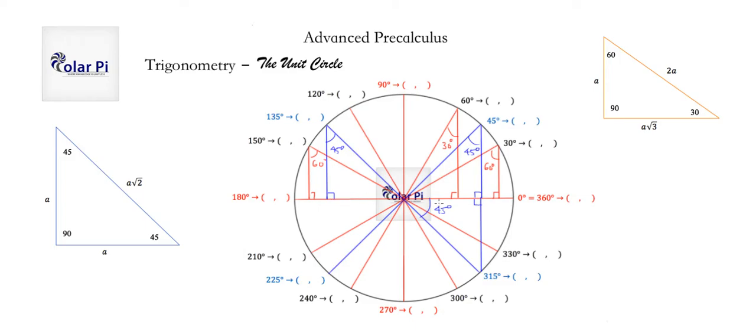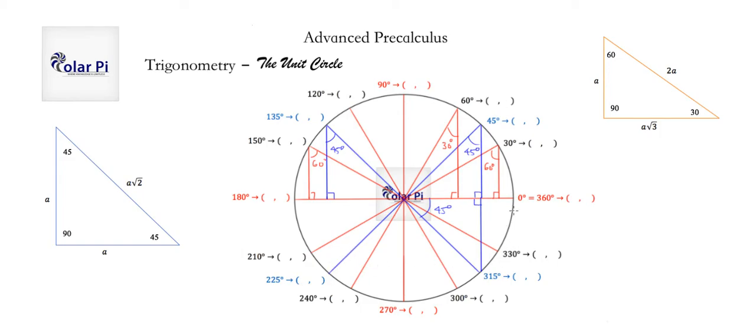So all that will change is that the reference triangle for 30 will have x and y coordinates that are positive, whereas the reference triangle for 150 will have a negative x coordinate, because x is negative there, but the same y coordinate as 30. In fact, the actual numbers will be the same for both 150 and 30. It's just that the x coordinates will be negatives of one another.